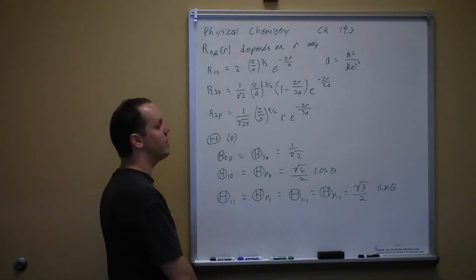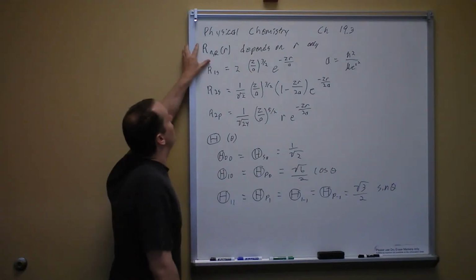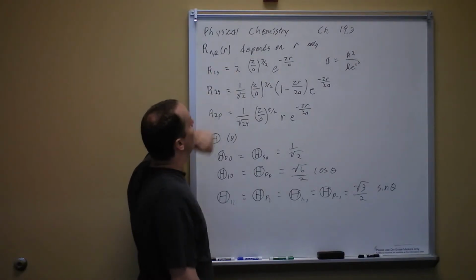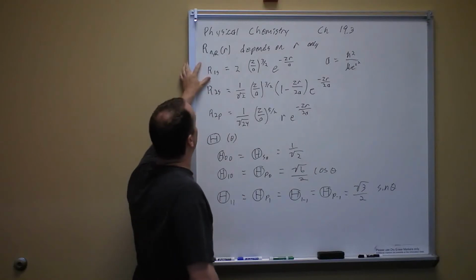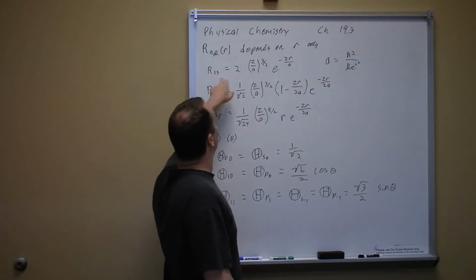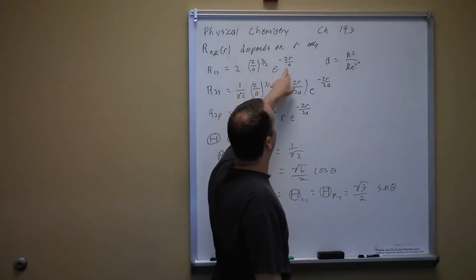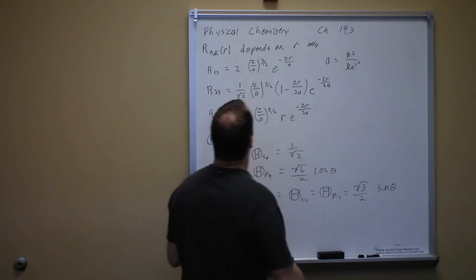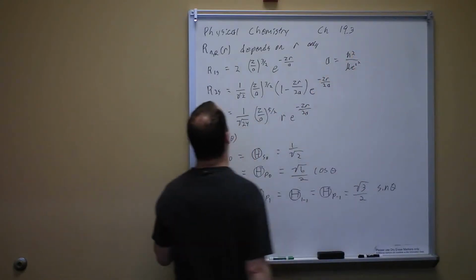Continuing on physical chemistry, chapter 19, section 3. We talked already about the function capital R of the radius and how it depends only on the radius. For a hydrogen-like atom, R for the 1s shell is equal to 2 times Z over a to the 3/2 times e to the minus Zr over a. Remember, a is equal to h bar squared over mu e prime squared.